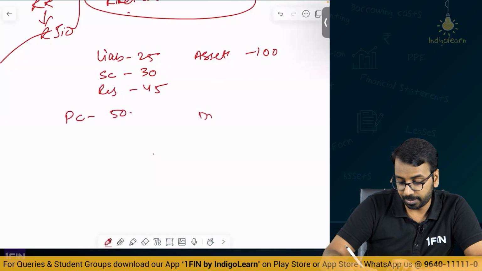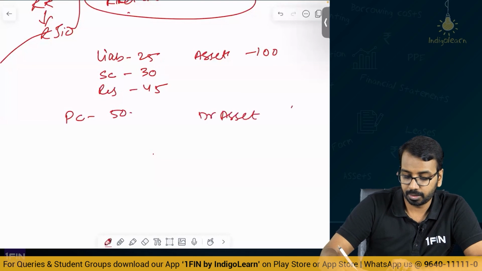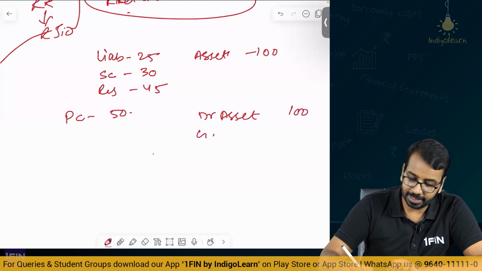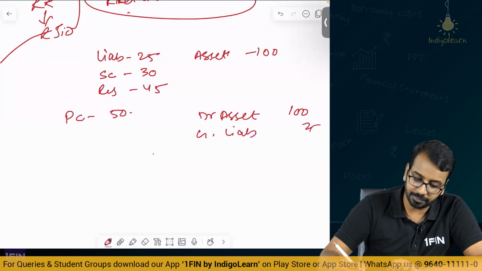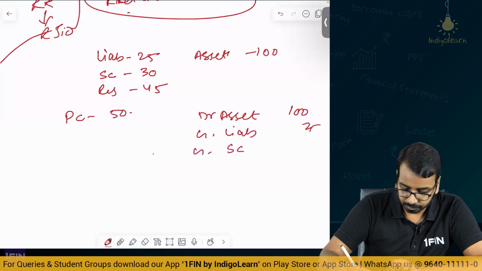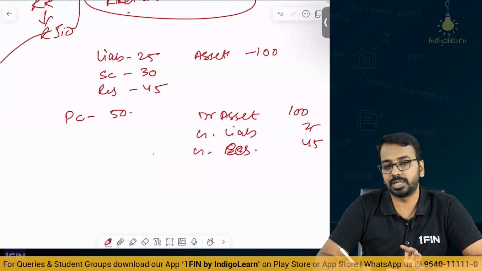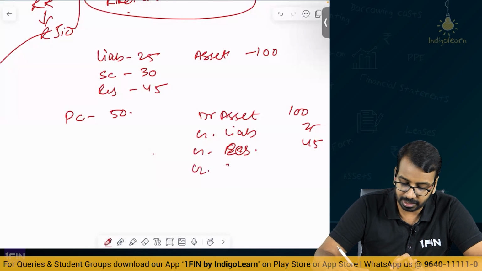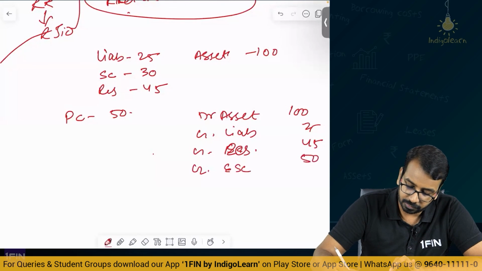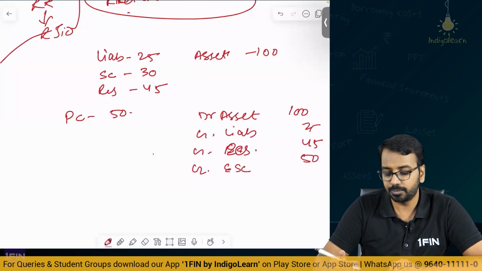You will debit assets at book value 100, credit liabilities at book value 25, credit reserves at 45 normally, and credit equity share capital at 50, and whatever is the difference will go to goodwill.